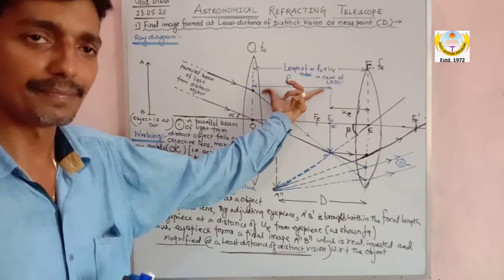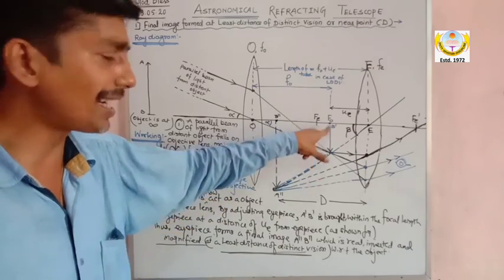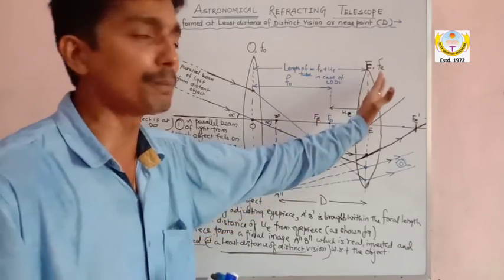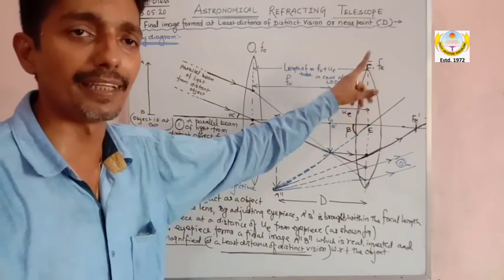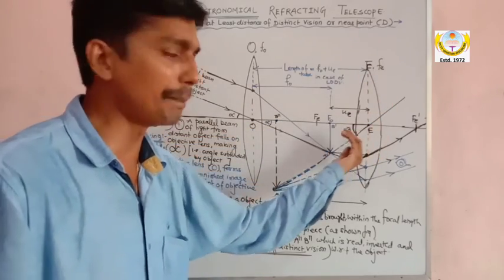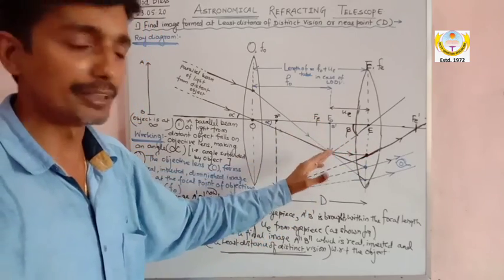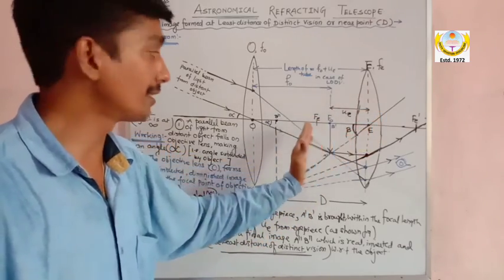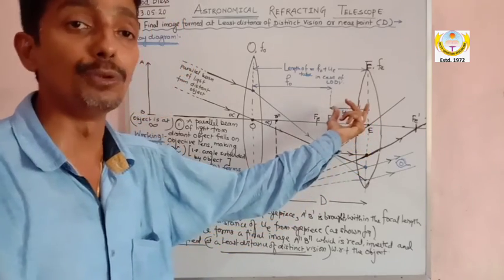Am I clear? The third important point is that this image A dash B dash acts as the object for the eyepiece, and I adjust the eyepiece such that this image A dash B dash, which is the object for the eyepiece, is brought within the focal length of the eyepiece at a distance of UE.